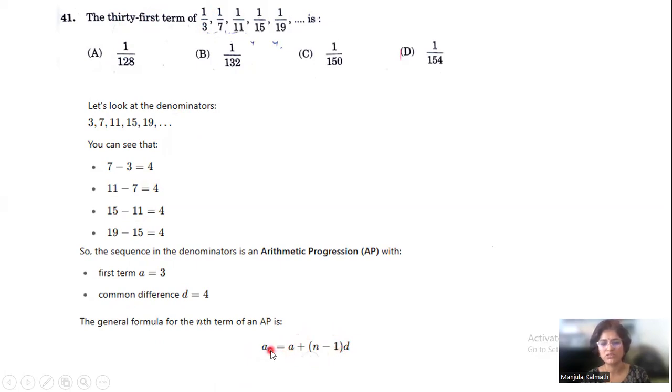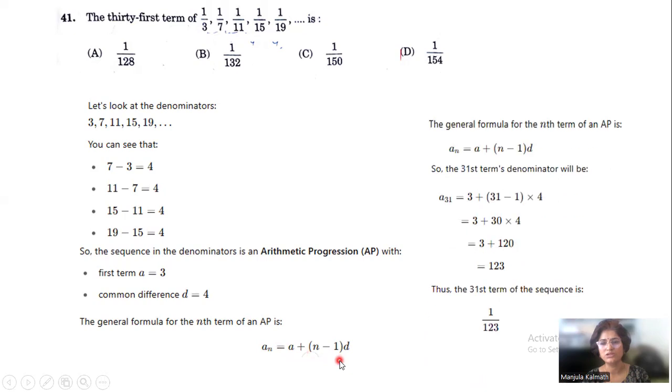So for the 31st term, it is 3 plus 31 minus 1 into 4. We just substitute a equals 3, n equals 31 and d equals 4. By substituting the values and simplifying, we get 1 by 123.